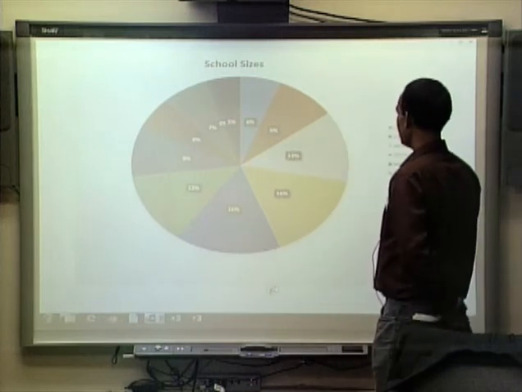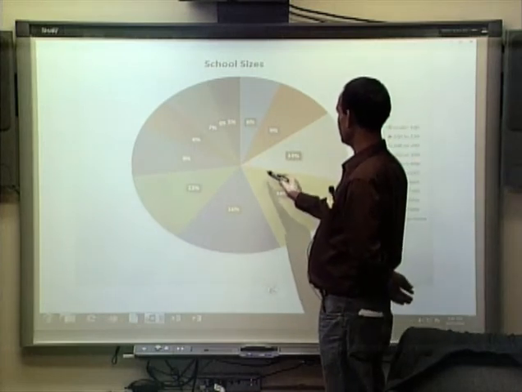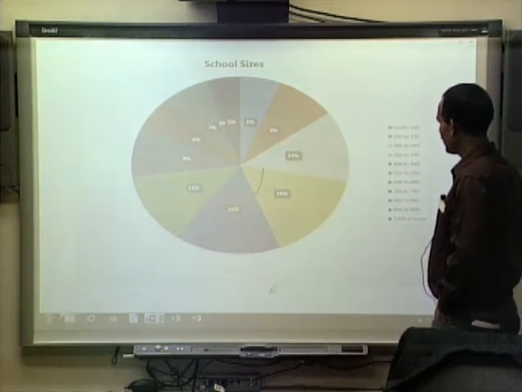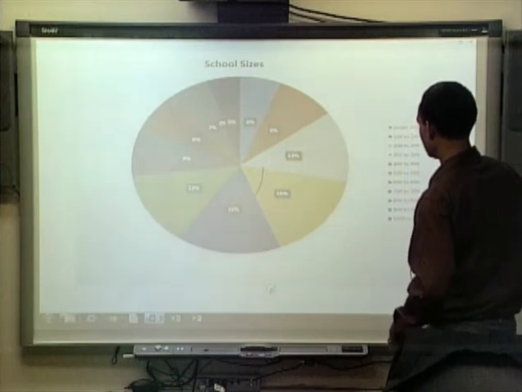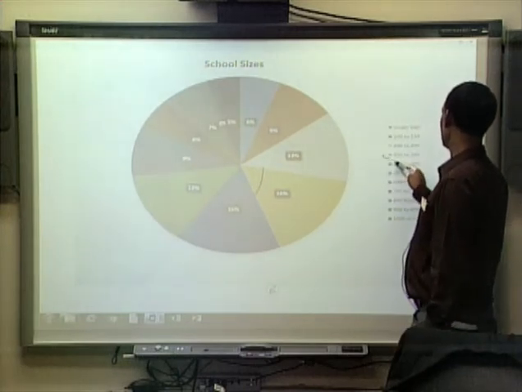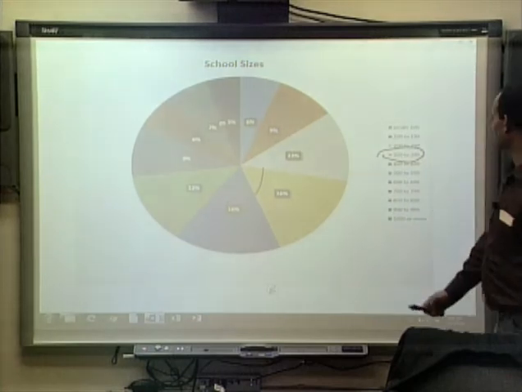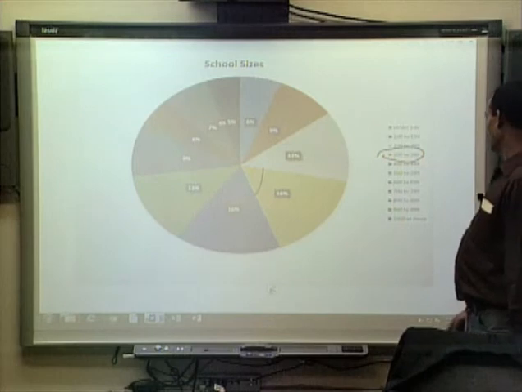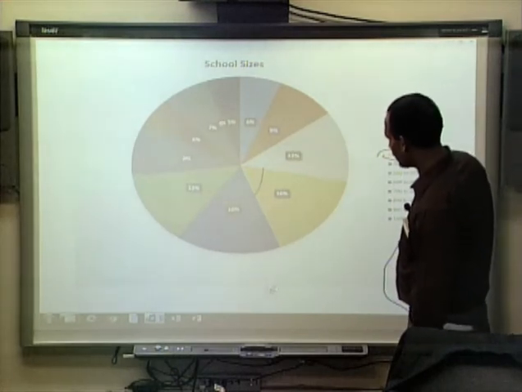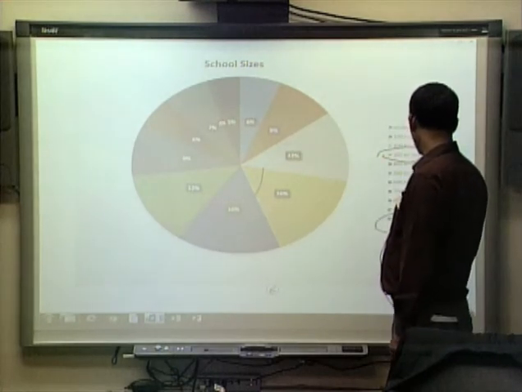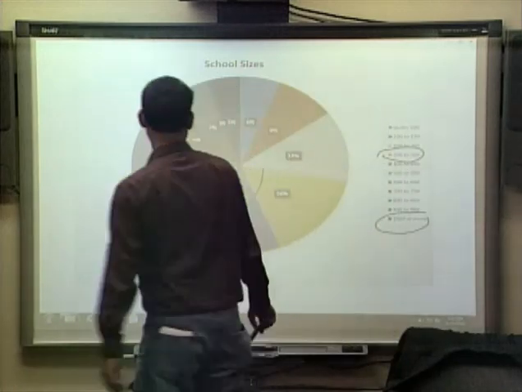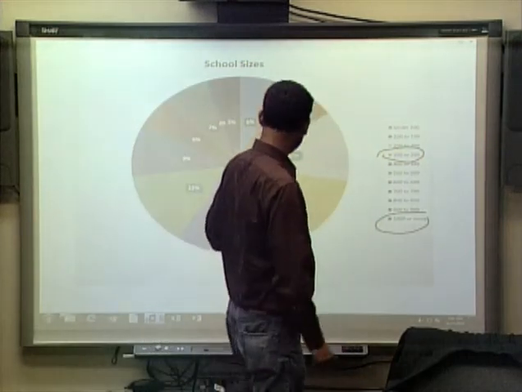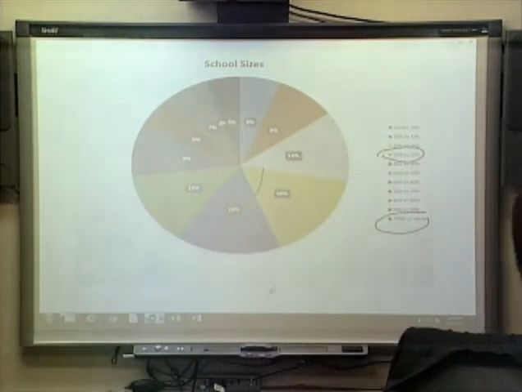So, yeah, this is 16%, and that particular color, yellow, represents schools whose size is from 300 to 399, and 1000 and more is very dark green, and I think that's 9%, or that should be 16%.